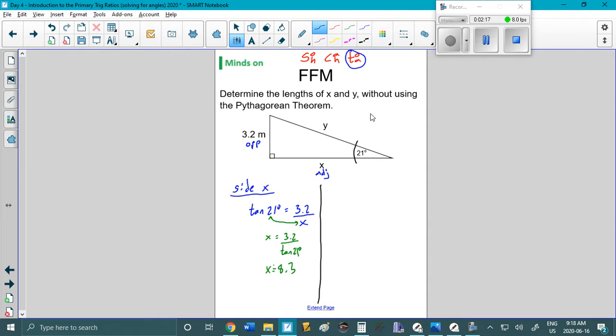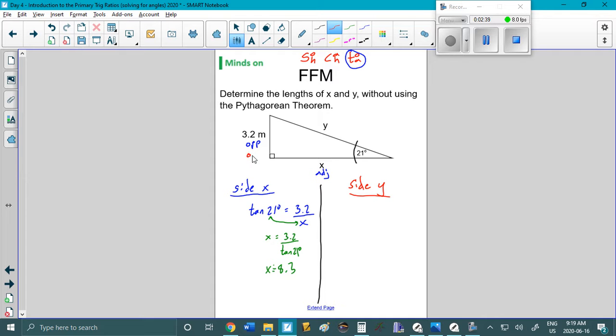And now we'll find y, and obviously side y, being the hypotenuse, should be longer than this one and longer than this one, but shorter than adding them together. So there's only a finite number of numbers, I suppose, that could fit there to one decimal place. Okay, so this is still our reference angle.